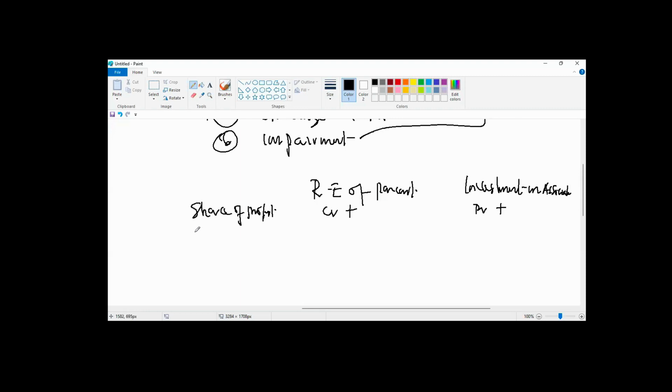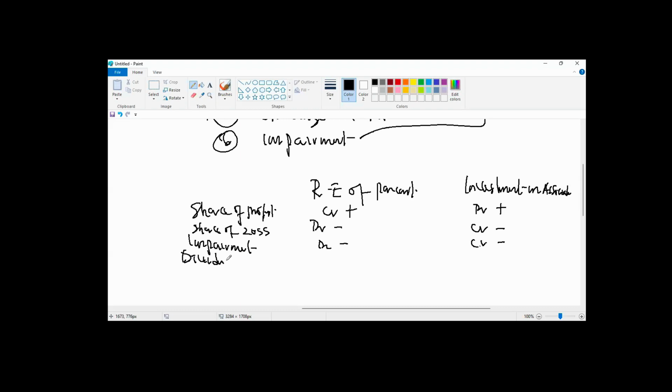Two, share of loss: I will debit retained earnings and credit investment in associates. Impairment: debit, credit.